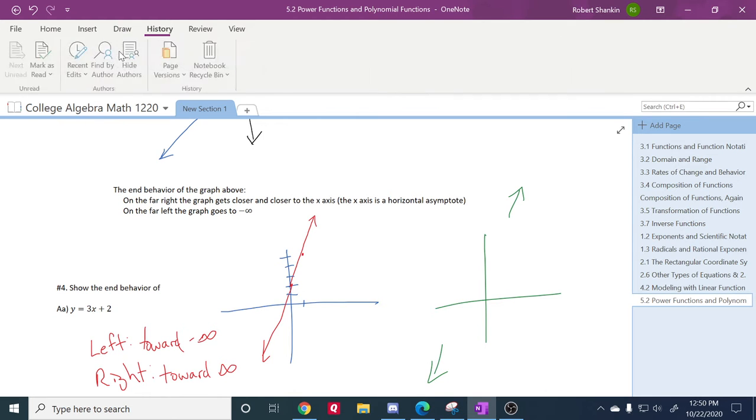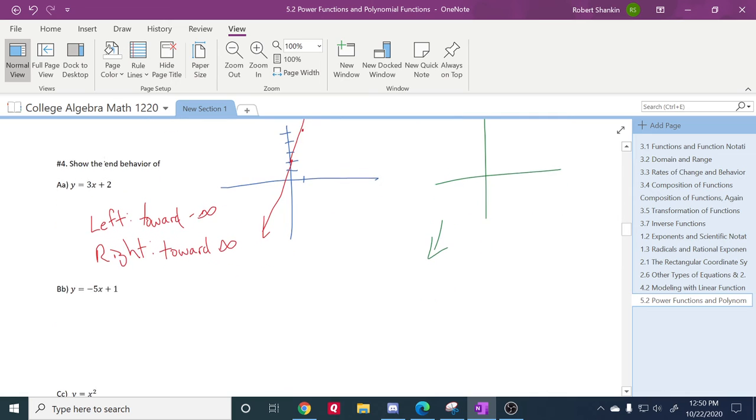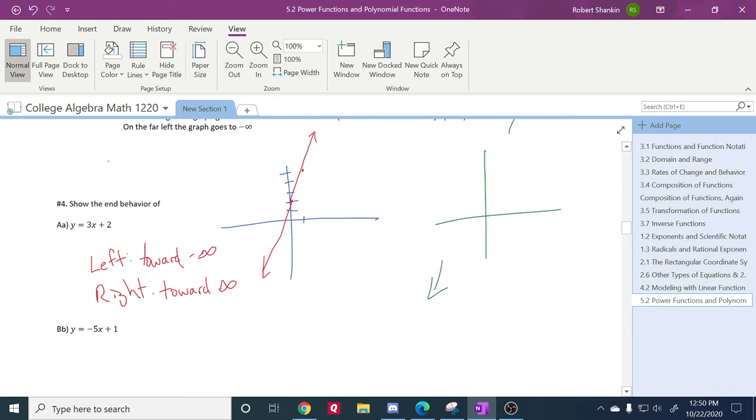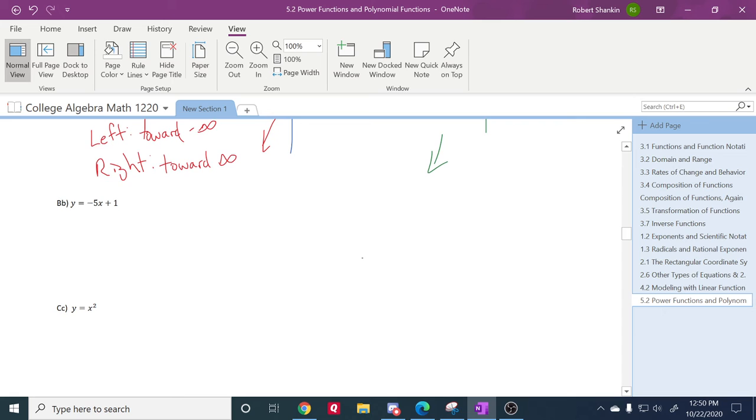Okay, so let's go to the next one. Y equals negative 5x plus 1, and y equals x squared. We can do both of these. The end behavior on this one.